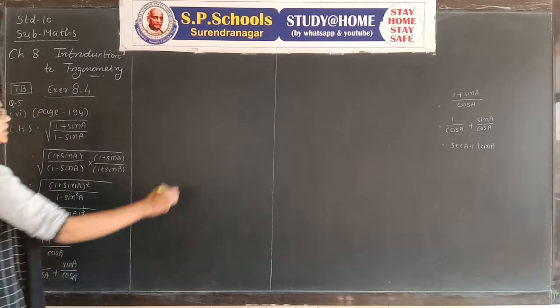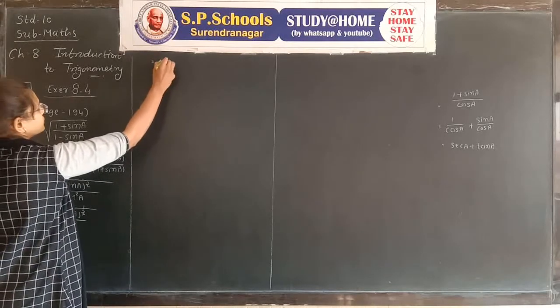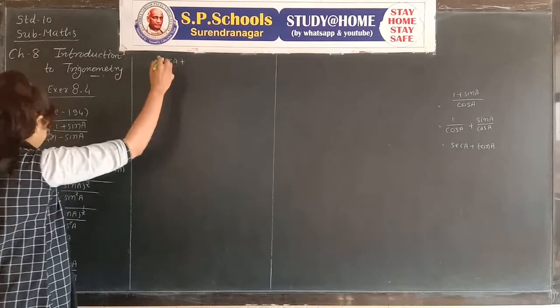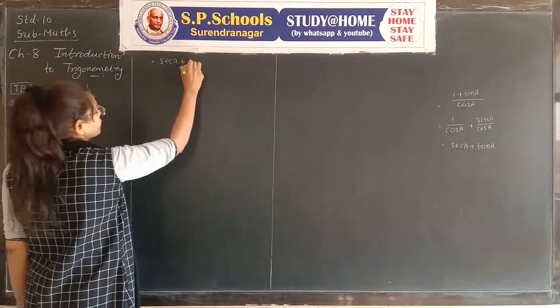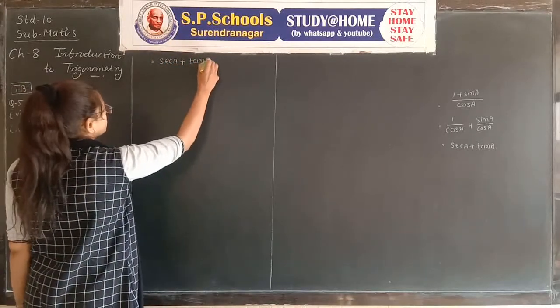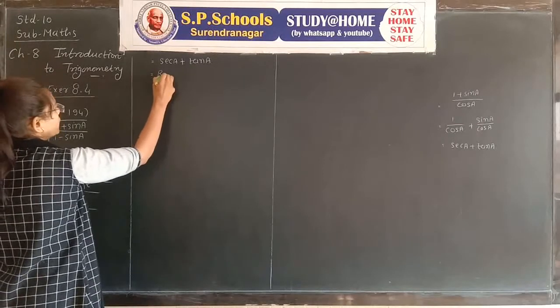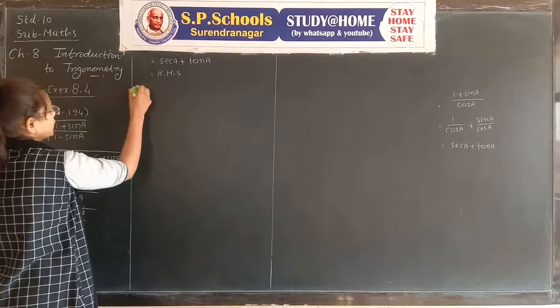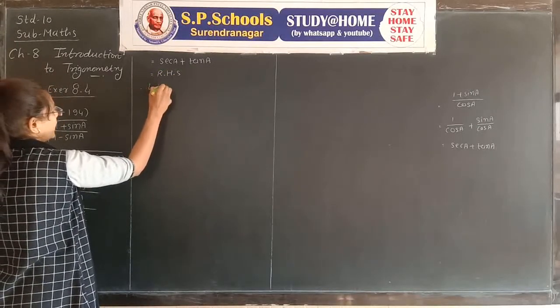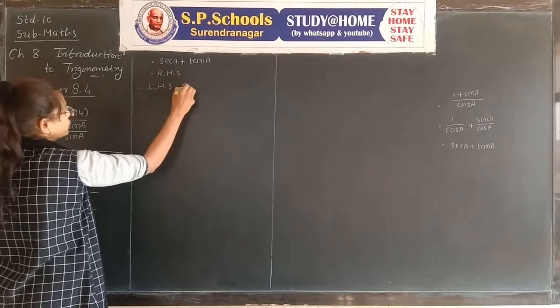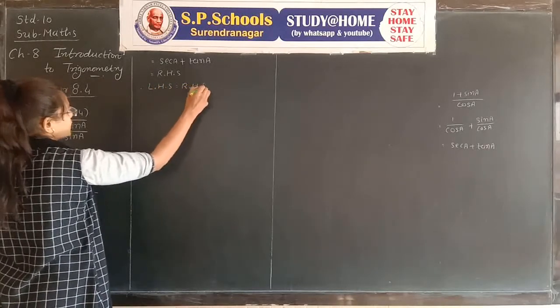1 upon cos A is equal to sec A and sin upon cos is equal to tan A, which is equal to our right hand side. Therefore, LHS is equal to RHS.